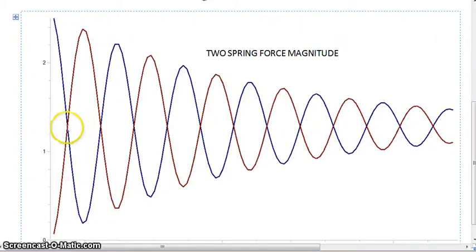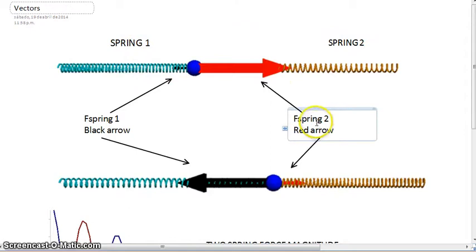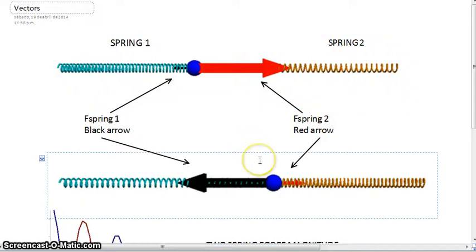And this is not zero because we have the presence of a drag force. The black arrow is the spring 1 Fs and the red arrow is the Fs of spring 2. As you can see, this variation of vector is in the opposite direction of the movement.